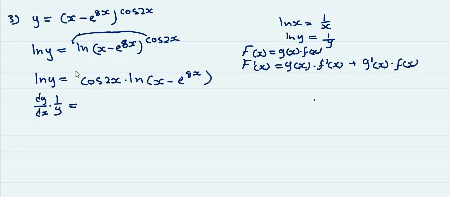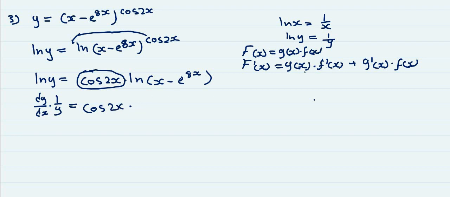So let f of x and g of x, where cos 2x is g of x. Then cos 2x multiplied by derivative of ln.